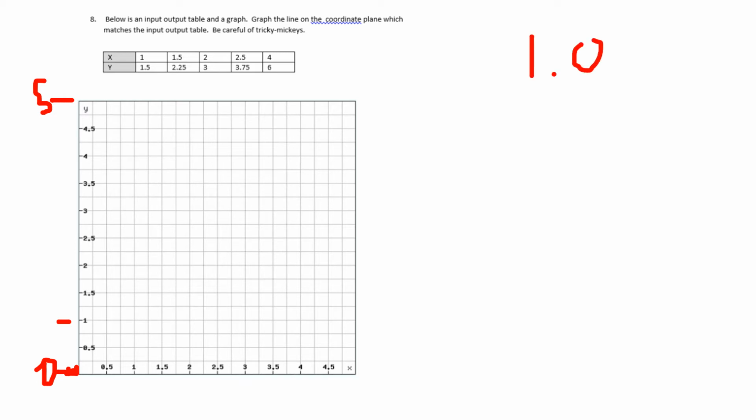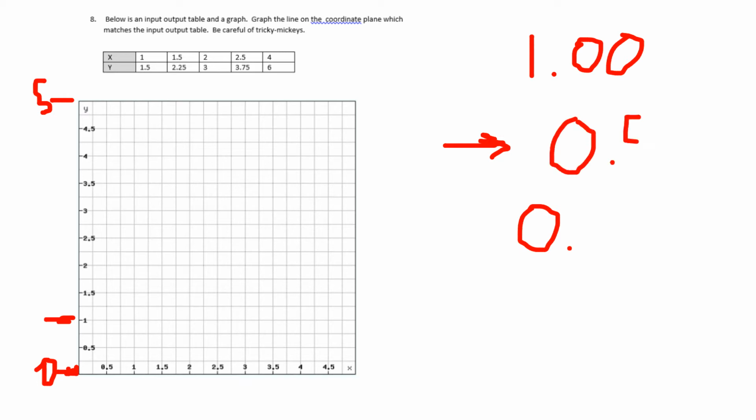Let's say I had $1 here, and you had $0. Let's say we had a friend that was halfway between us, exactly halfway. How much money would he have? Well, he would have $0.5 or 50 cents.